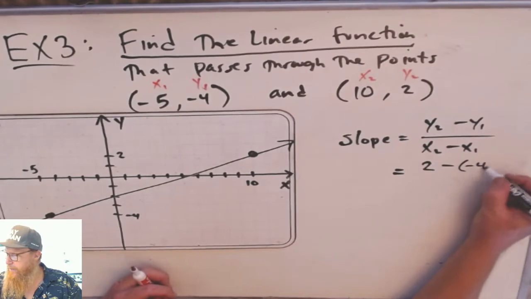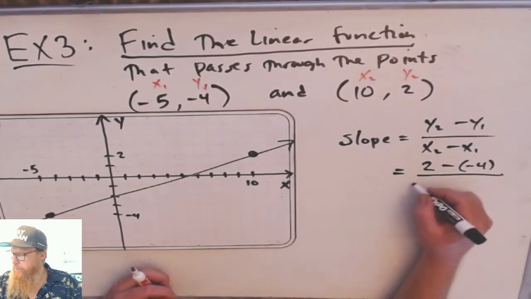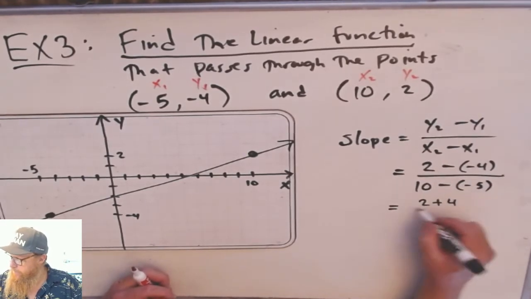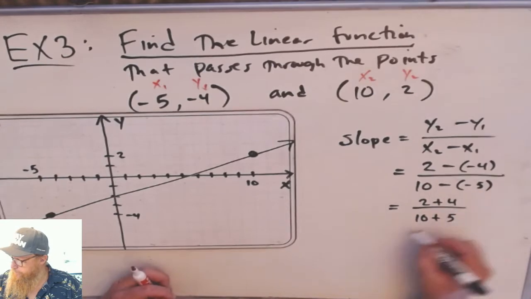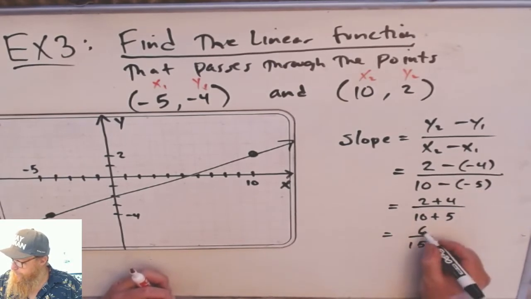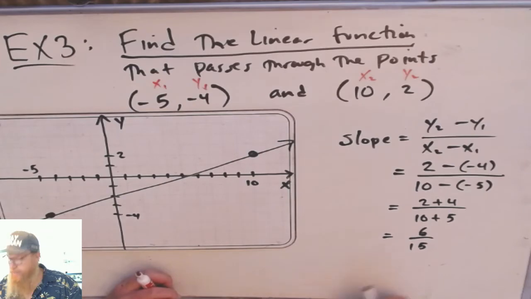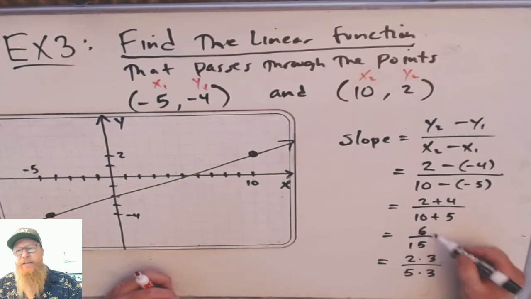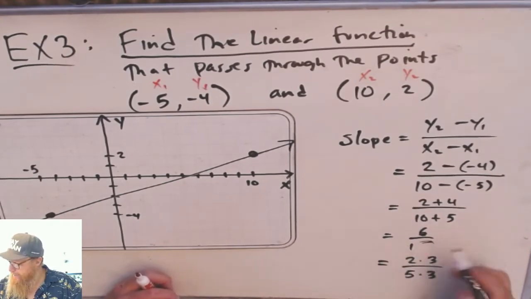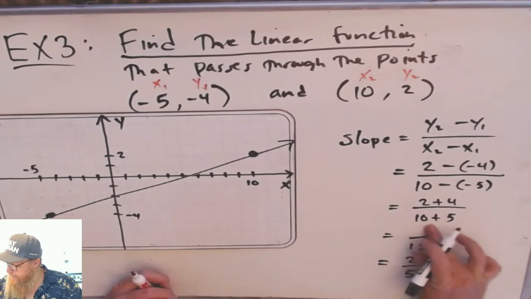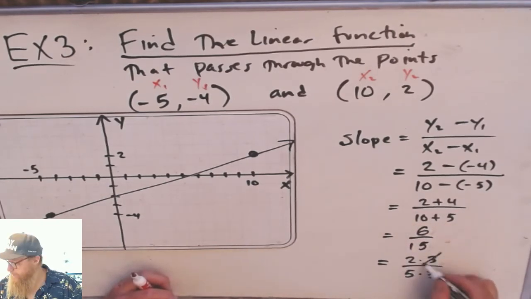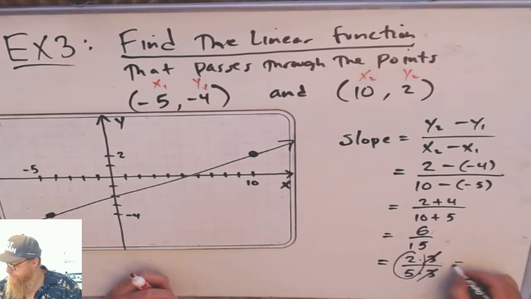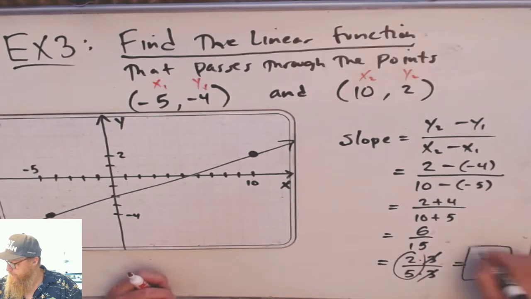So 2 minus -4 over 10 minus -5. So the slope is 6/15. You have to simplify that. 6 is 2 times 3. 15 is 5 times 3. So I reduce it by a factor of 3. So those 3's divide out and you get 2/5. So that's the slope.